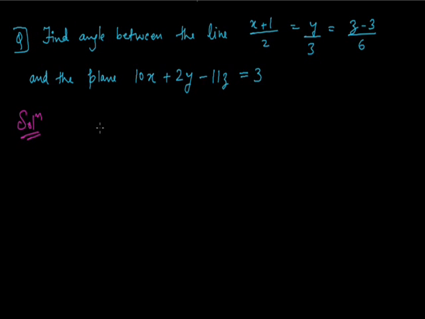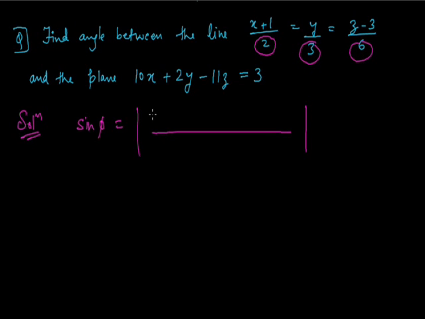To solve this question, we know that the angle is given by sine phi equals mod of b vector dot n vector upon the product of magnitudes. So what is b vector? B vector is a vector in direction of line that can be obtained by the direction ratios. So the vector in the direction of line will be 2i cap plus 3j cap plus 6k cap.